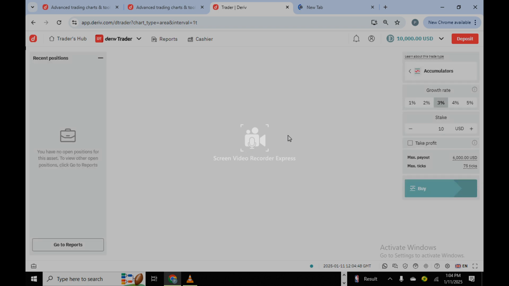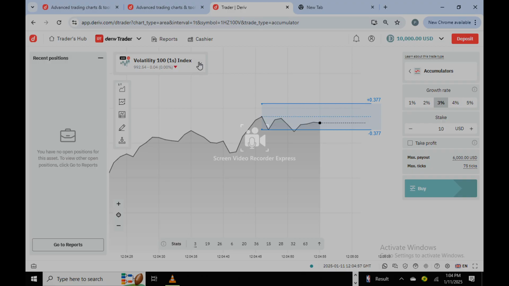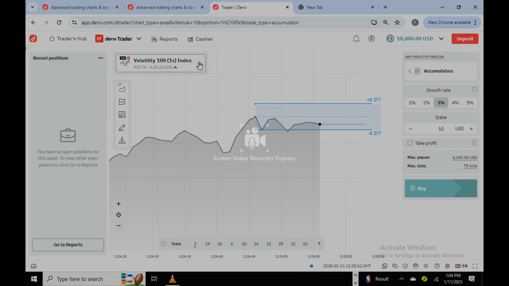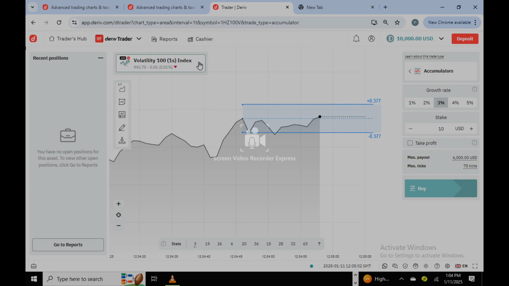Remember, I said we are looking at tips to stay in profit and not lose your funds with this new Deriv interface. First of all, you go to your underlying assets and you change to the trading assets you trade with often, or whatever the assets may be.